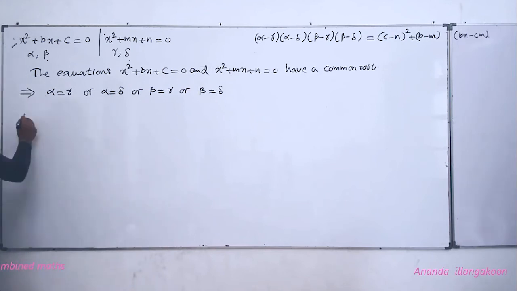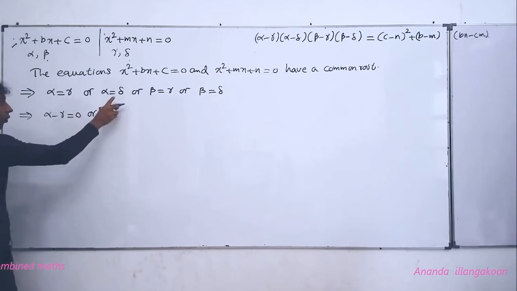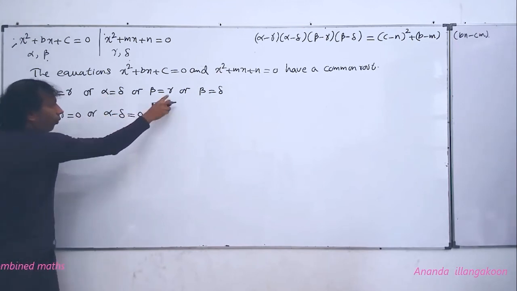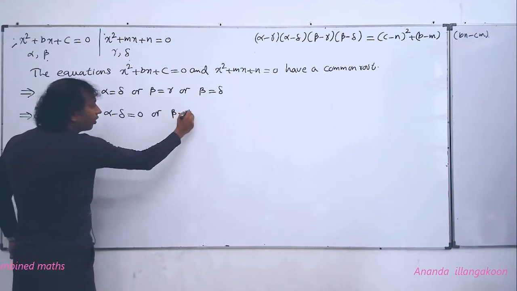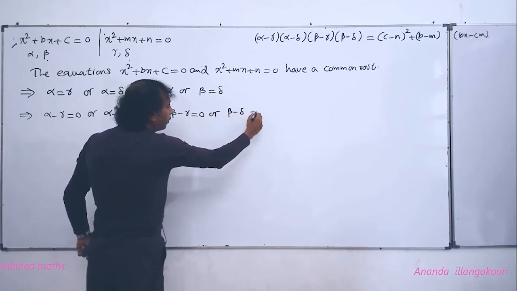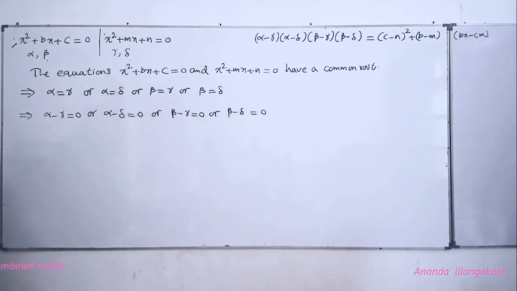Right, people, this implies what? Take this gamma to this side, alpha minus gamma equals 0. Or take this delta to this side, alpha minus delta is equal to 0. Or take this gamma to this side, beta minus gamma is equal to 0. Or take this delta to this side, beta minus delta is equal to 0. Right, people. This implies what, people?